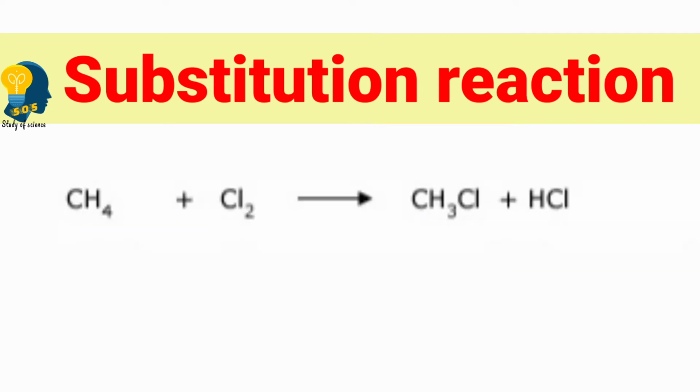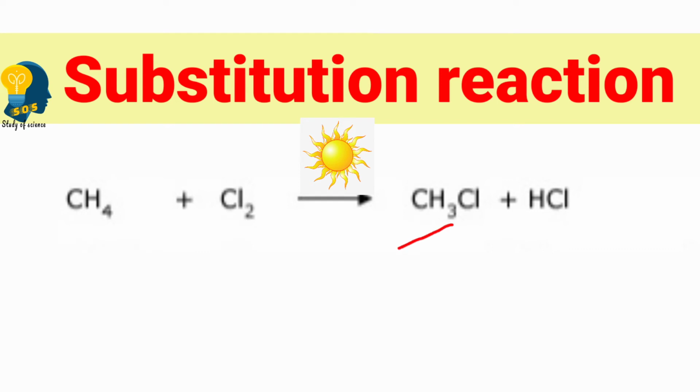See, here we have methane. What is the formula of methane? CH4. We have methane, and for this methane, when we add chlorine in the presence of sunlight, it forms a new product. Here, the chlorine is replacing the hydrogen. As a result of this, a new product is formed. What is the product formed here?